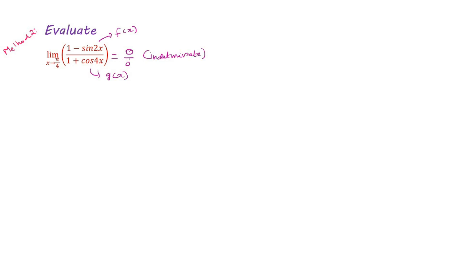In such cases, when you evaluate the limit, if you get one of the indeterminate forms, we can use what is known as L-Hospital rule or L'Hopital rule, which states like this. Suppose if you evaluate this limit, if it turns out to be one of the indeterminate forms such as 0 by 0, then we can proceed like this.